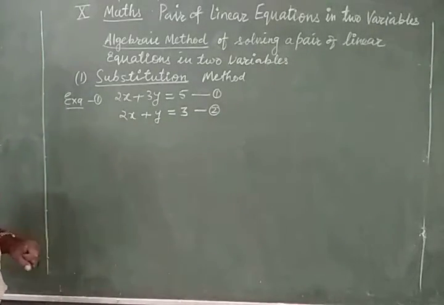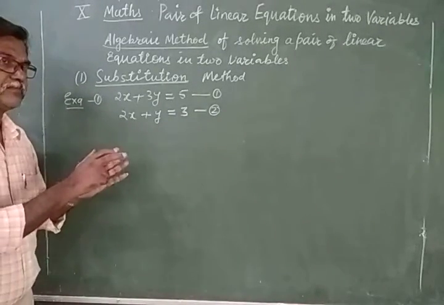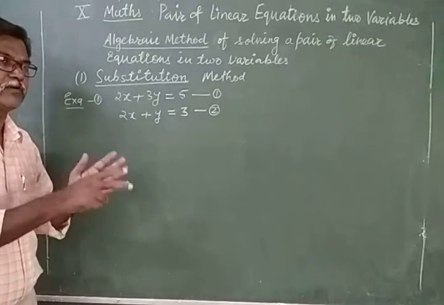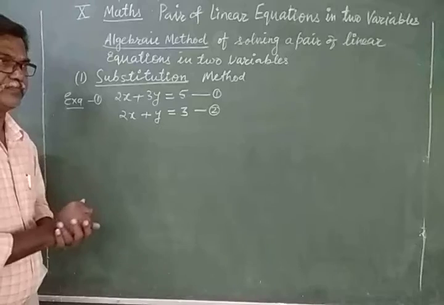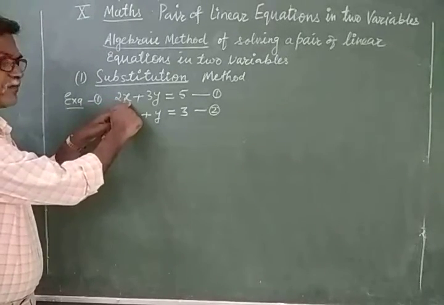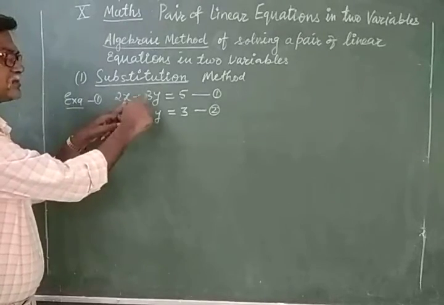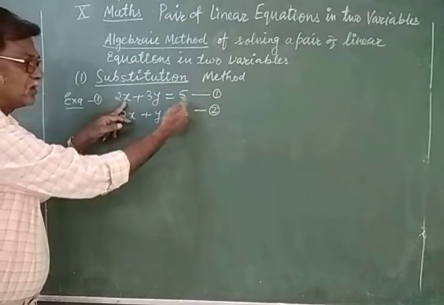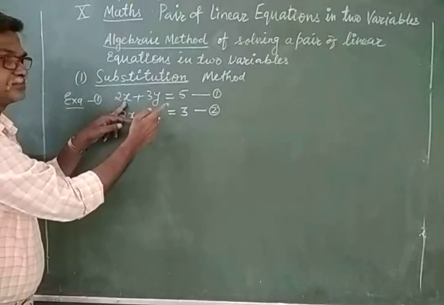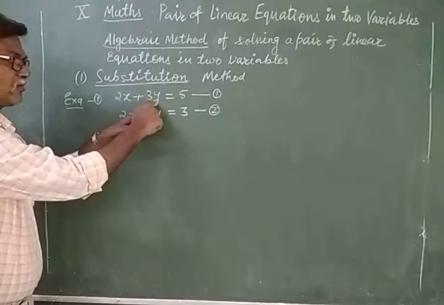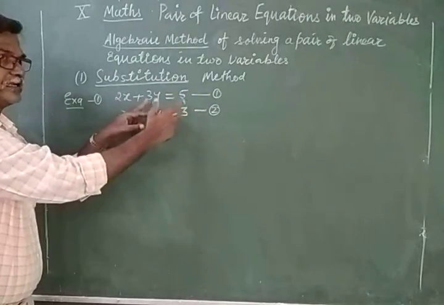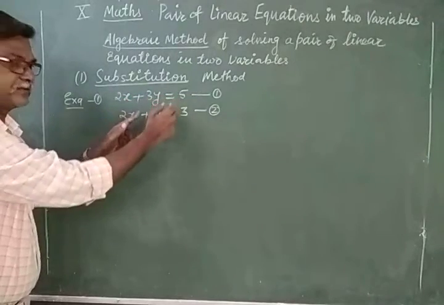Now you see which variable you can find the value of easily. Here, for the first equation, if you want to find the value of y in terms of x, you have to transfer 2x to that side and then divide by 3. So it is a little difficult.